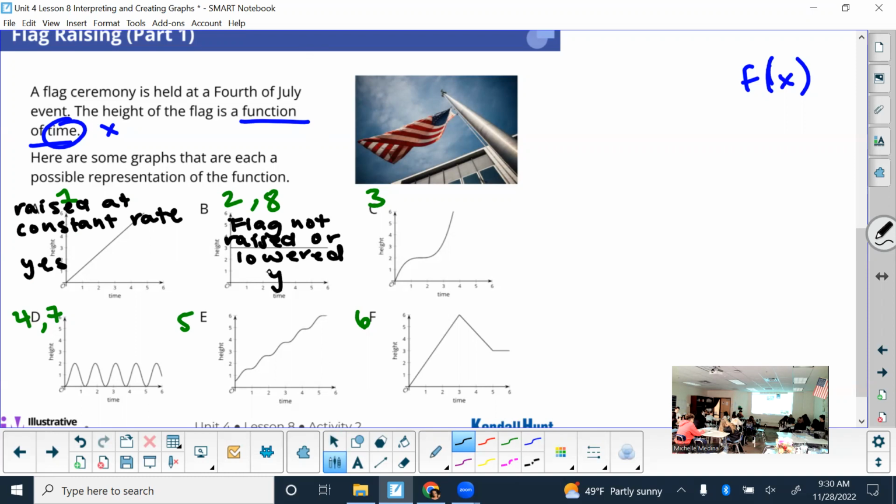Good. Table 3, what would graph C tell us about the flag? So not raised at a constant rate. Class, do you agree with that? Yeah, if it was a constant rate, it would be a straight line. It has a curve in it. So not raised at constant rate. What might have happened like here?